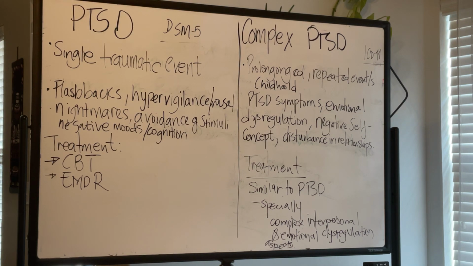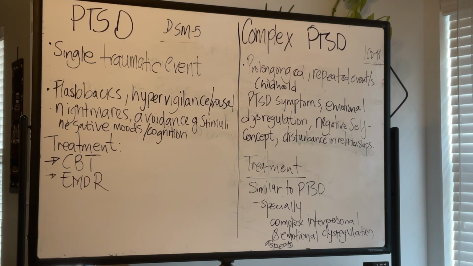So let me compare PTSD and complex PTSD. Complex PTSD occurs in response to chronic repeated trauma, often interpersonal in nature, such as childhood abuse, neglect, domestic violence. These are things that are continuing to happen.